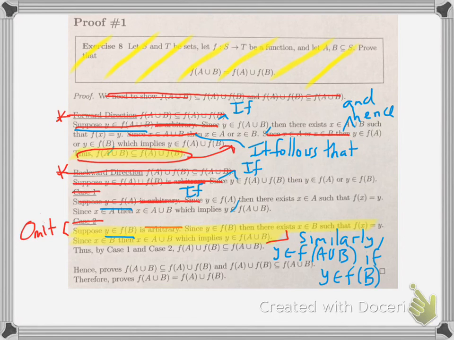So how are we going to fix that? Well, there exists an x in a, okay. Well, how about we just say this? As x is in a, we have x is in a union b, and so y is in f of a union b. Okay? All right.